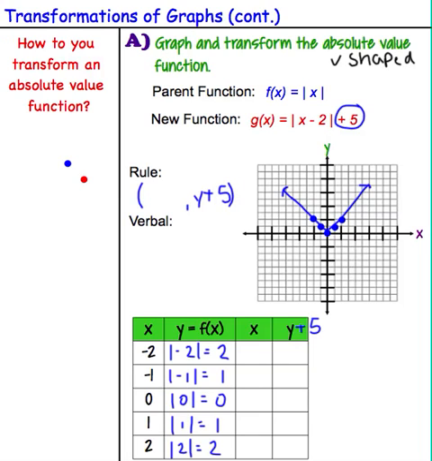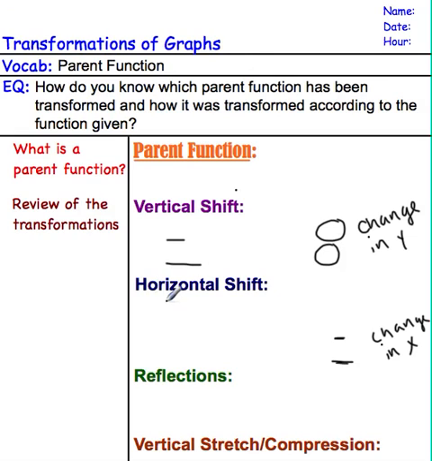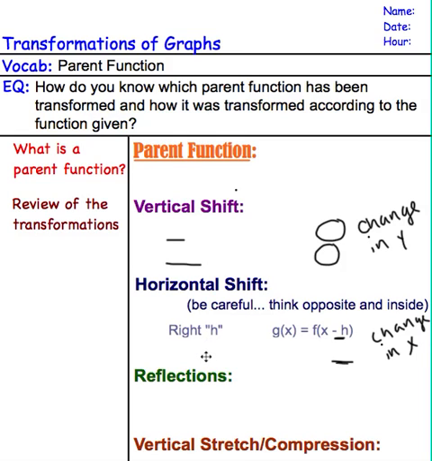Now, looking here at this absolute value of x minus 2, this is going to be dealing with horizontal because it's inside. And if we go back and look, if you recall, the horizontal shift, we have to think opposite and inside. Because if it's minus, we're actually going to go right, and left would be plus.